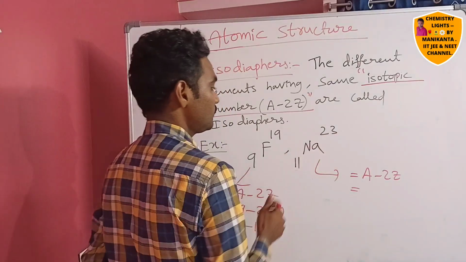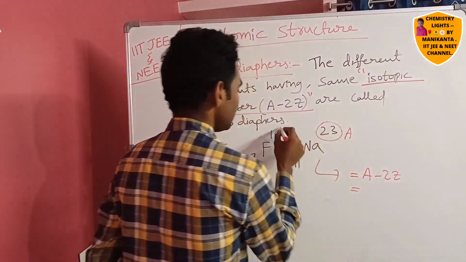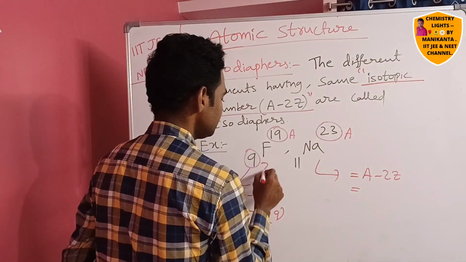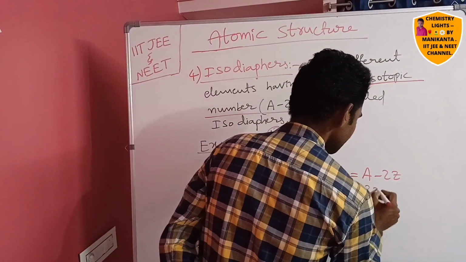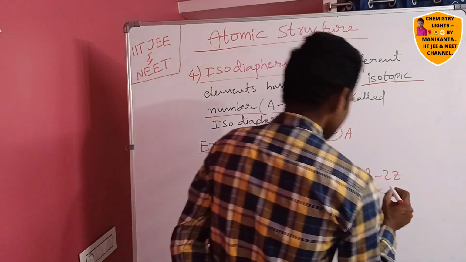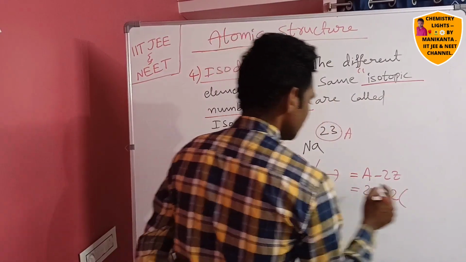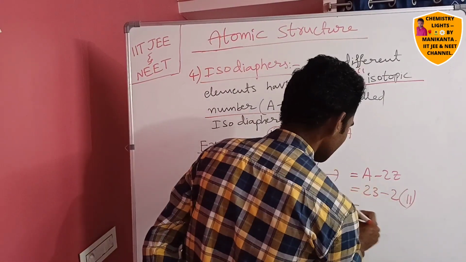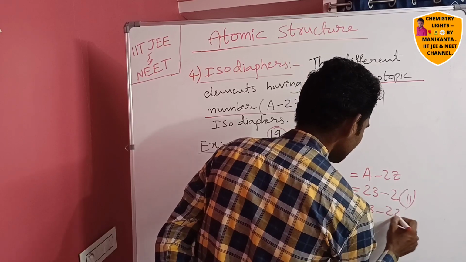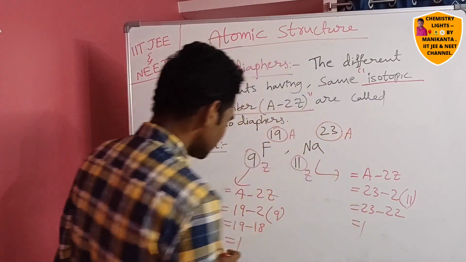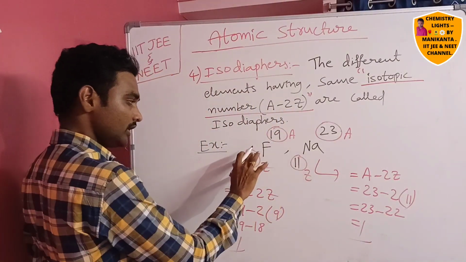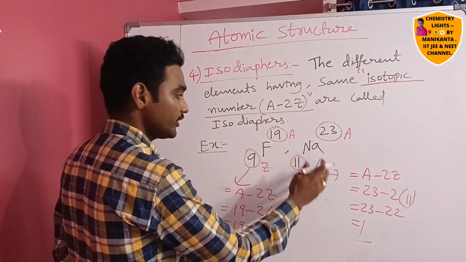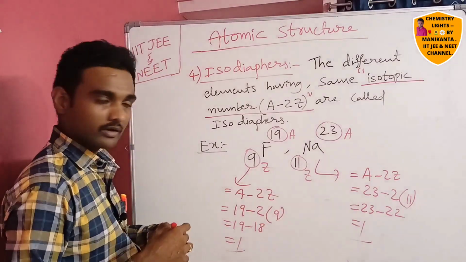A value, Z value. Okay, A value how much? 23 minus 2 into atomic number of sodium 11. 23 minus 22, 1. So here isotopic value of sodium also 1. Fluorine isotopic value 1, sodium isotopic value also 1.